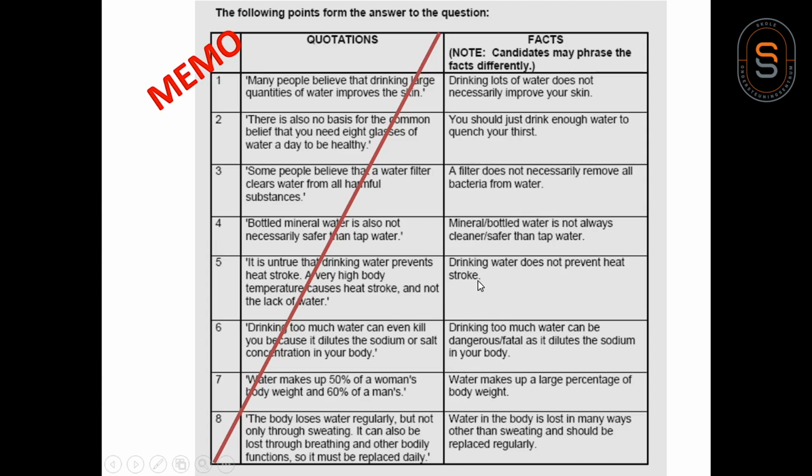How is a summary marked? Now this is the memo, and each of these facts are numbered. And you will see once you get your test or your paper back with a summary, there will be a tick with a number next to it. That is just to help the marker to see that you did not repeat yourself.